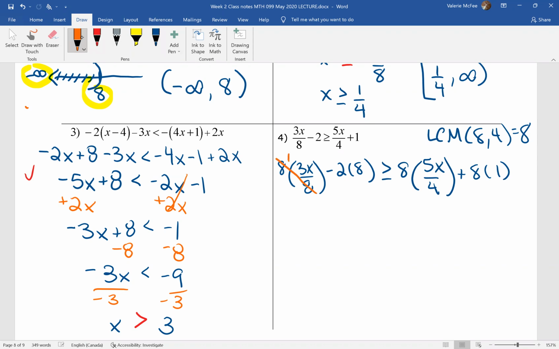Eight divides by 8, 8 divides by 4. So I'm looking for 3x minus 16 is greater than or equal to 10x plus 8.